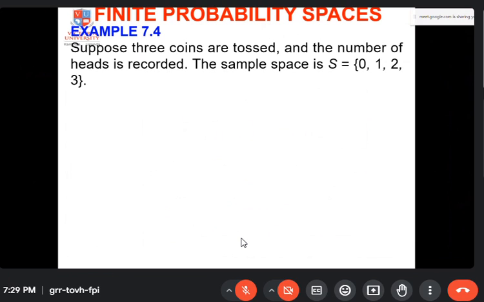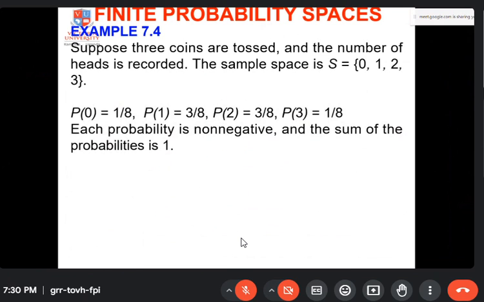There is a possibility that you have 2 heads. And there is also a possibility where you have 3 heads. So we are saying that the probability that you get 0 heads is 1/8. And I was explaining that it is because we have only 1 point, which is tail, tail, tail. That is the only point where we don't have any head. So it is only 1. So 1/8, we don't have heads.